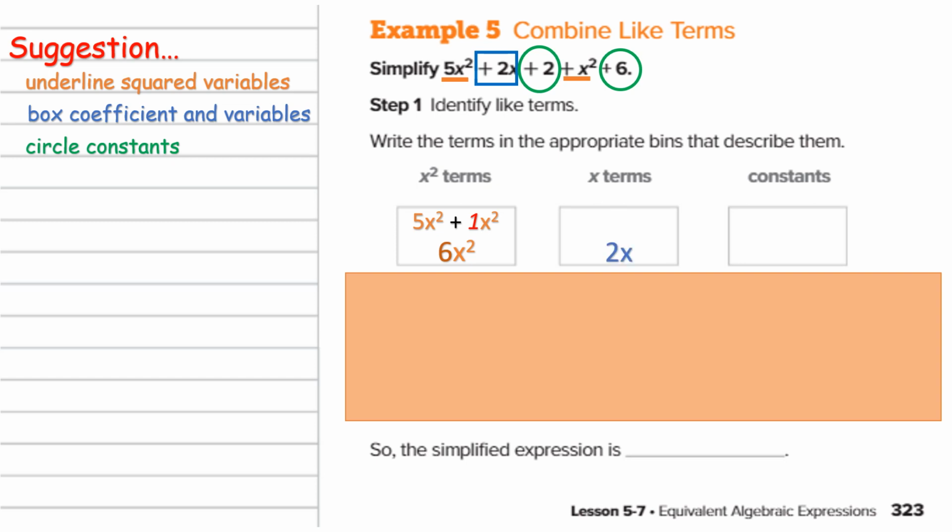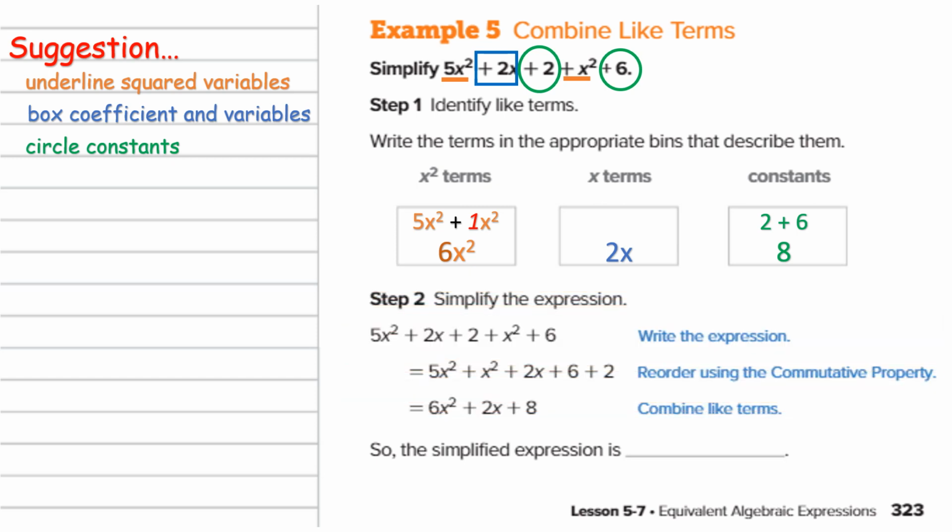And then my constants, I have 2 plus 6, and 2 plus 6 gives me 8. So when I combine my coefficients that have the same variable of x squared, I get 6x squared plus the 2x plus an 8. So that becomes my simplified expression using my different properties.